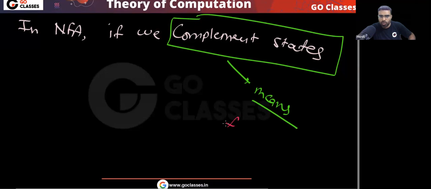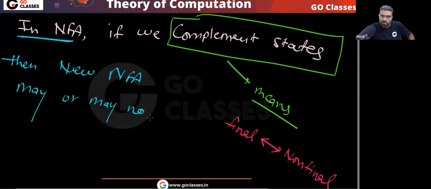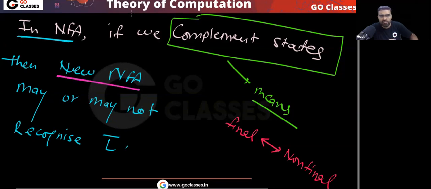It means I make all the final states non-final, and all the non-final states final. Then the new NFA may or may not recognize L complement. Is this point clear? The new NFA's language may or may not be L complement.